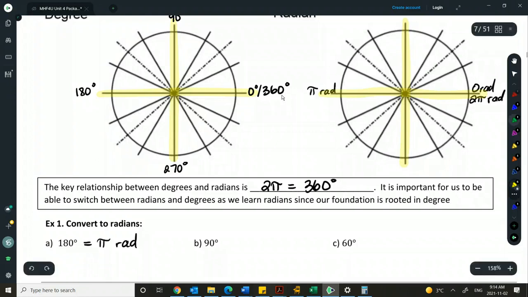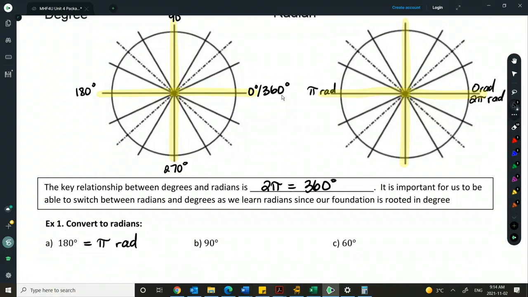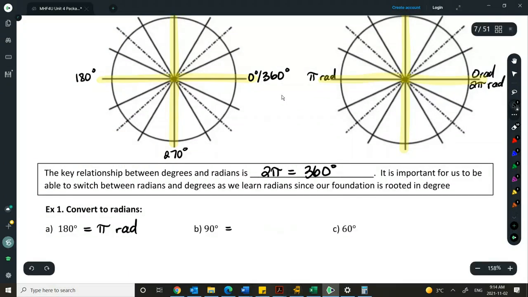How about the 90 location now? If I know 180 is pi, what do we know about the connection between 180 and 90? So what's 180 divided by 4, though? Or maybe I'll ask it this way: 180 divided by what equals 90?